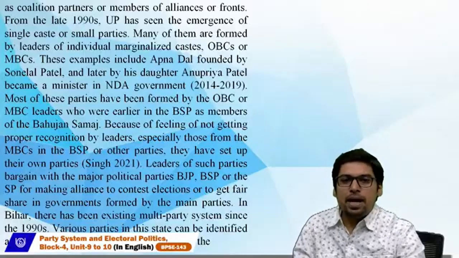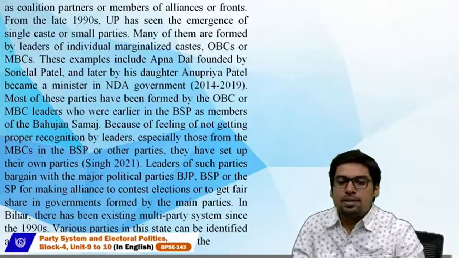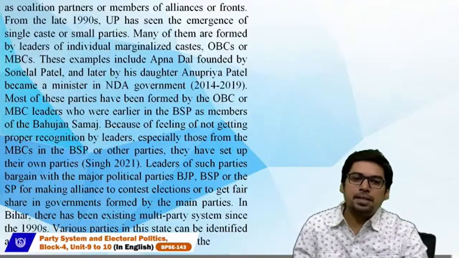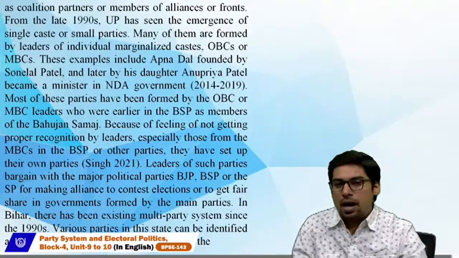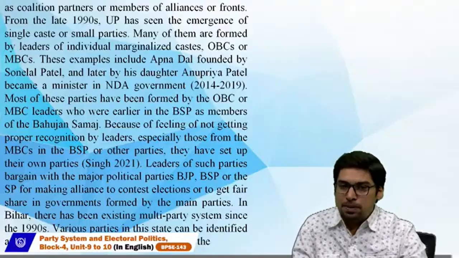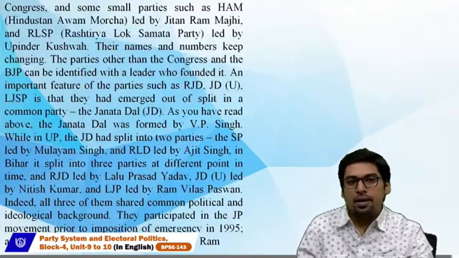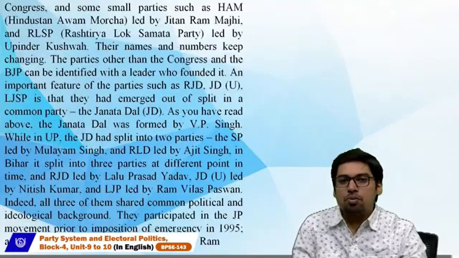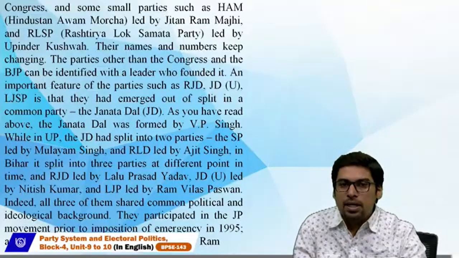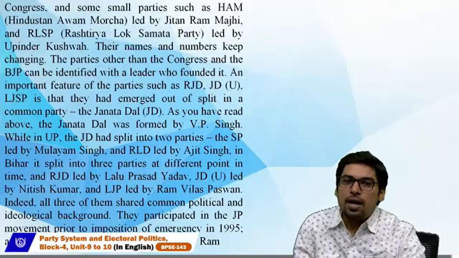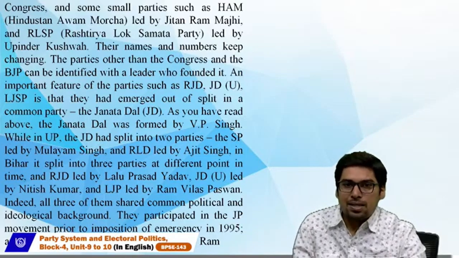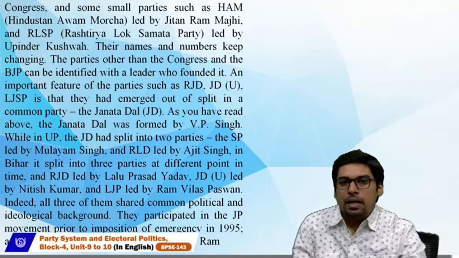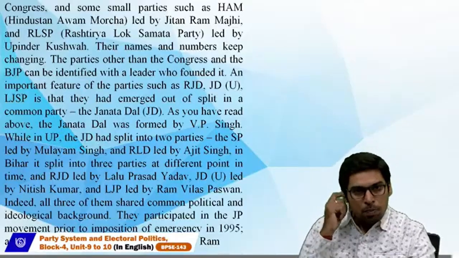In Bihar, there has been a multi-party system since the 1990s. Various parties in the state can be identified as follows: the RJD, the JDU, LJSP, BJP, the Congress, and some small parties such as Hum Party, Hindustan Awam Morcha, led by Jitan Ram Manjhi, and RLSP, Rashtriya Lok Samta Party, led by Upendra Kushwaha.